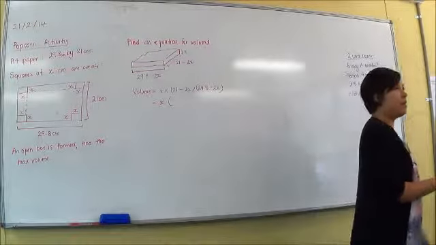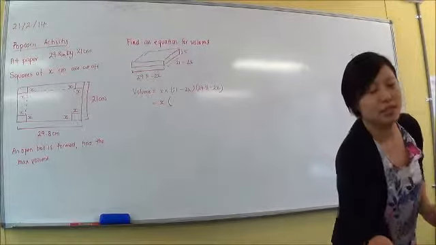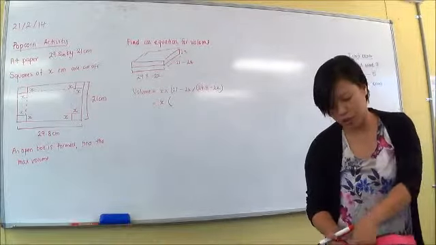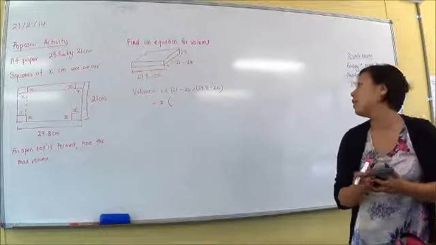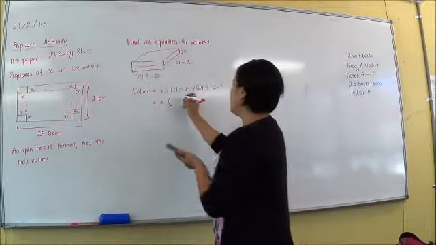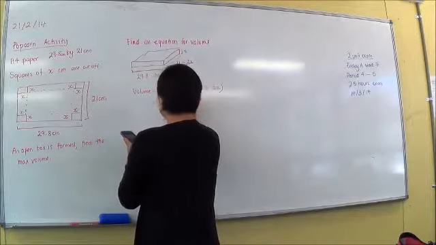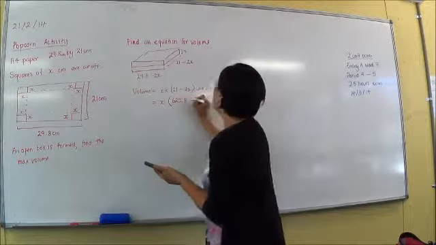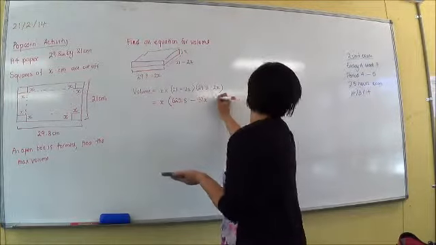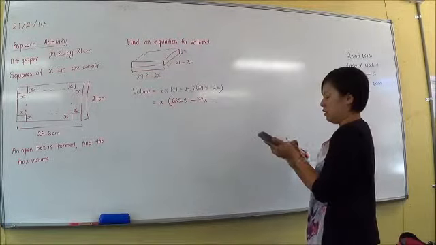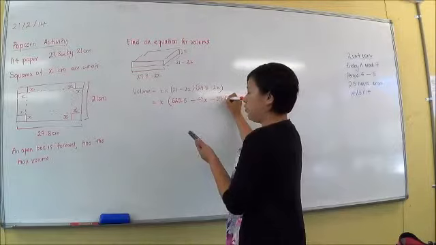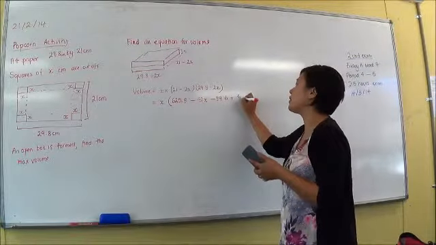So 21 times 29.8 is 625.8, minus 2 times 21, which is 42x, minus 29.8 times 2, 59.6x, plus 4x squared.